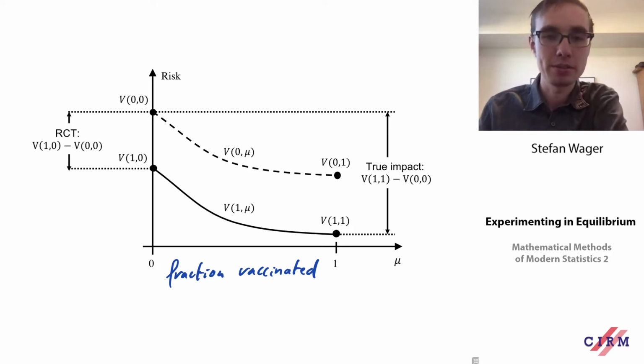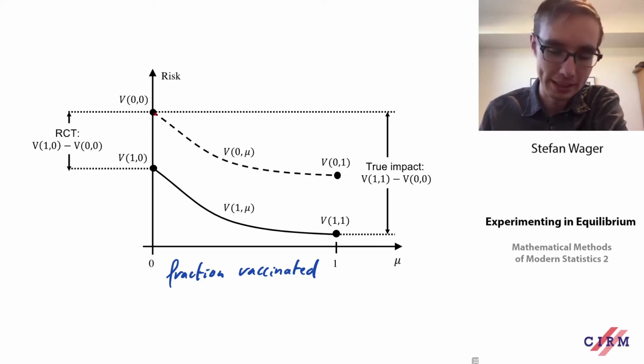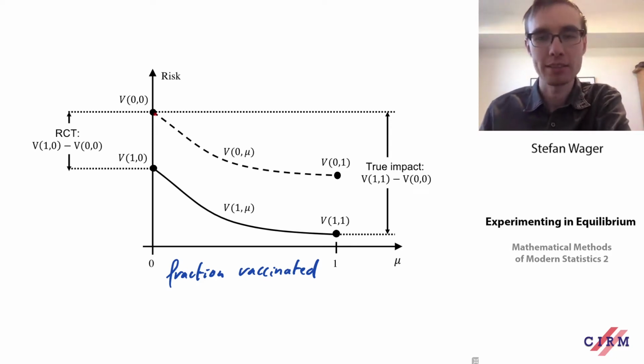So let's say we're looking at the coronavirus now, and currently there are no vaccines, so we're here. None of us are vaccinated, and the fraction of the population vaccinated is 0. Now let's say someone proposes a vaccine, and it's not a perfect vaccine, so it doesn't give you full immunity, but it still helps some.